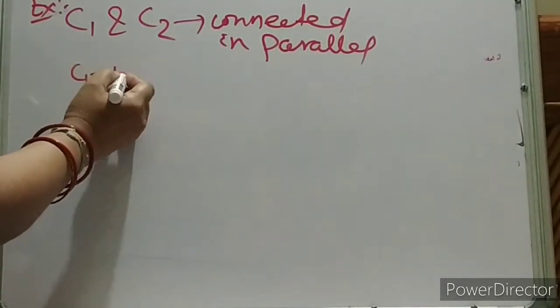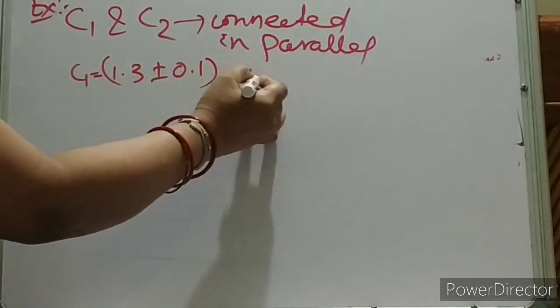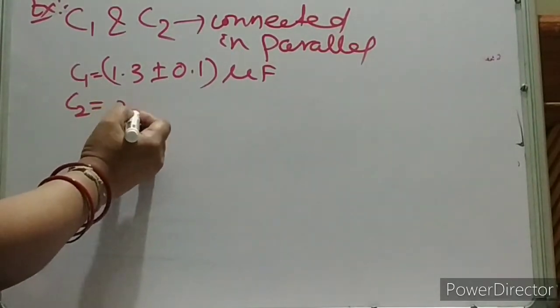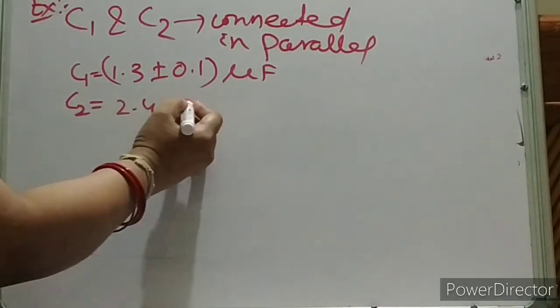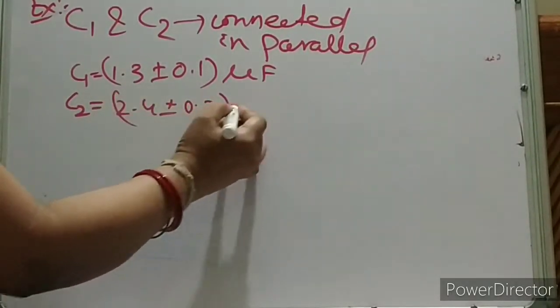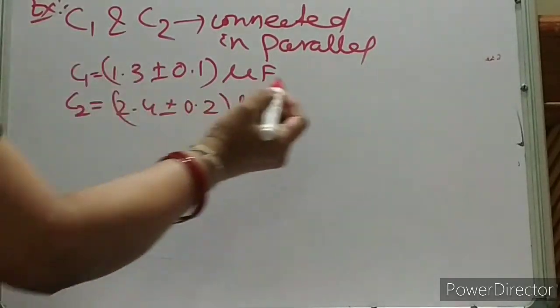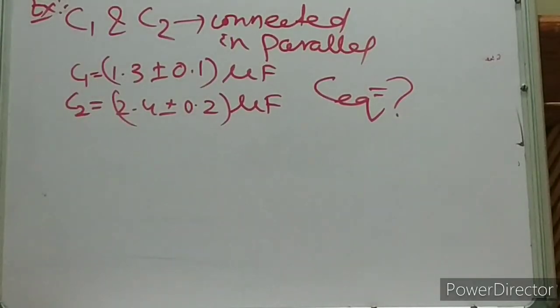C1 is equal to 1.3 plus minus 0.1 microfarad, and C2 is given how much? 2.4 plus minus 0.2 microfarad. You have to find out the equivalent capacitance. How to calculate?